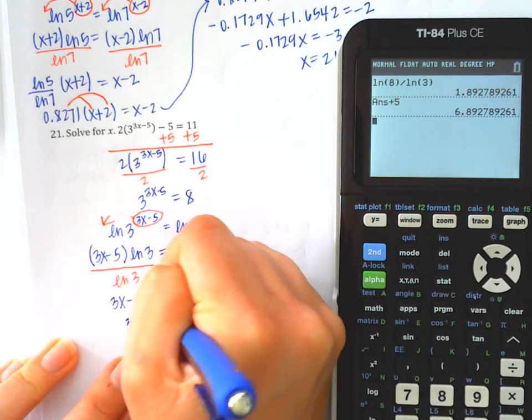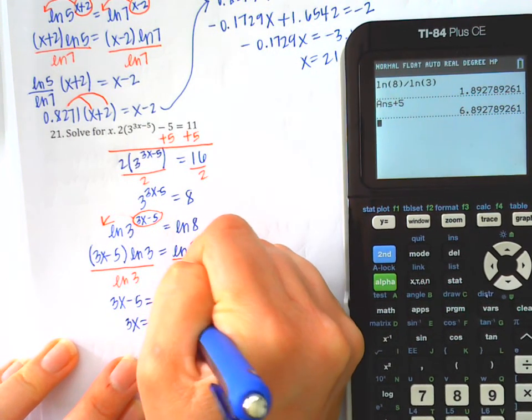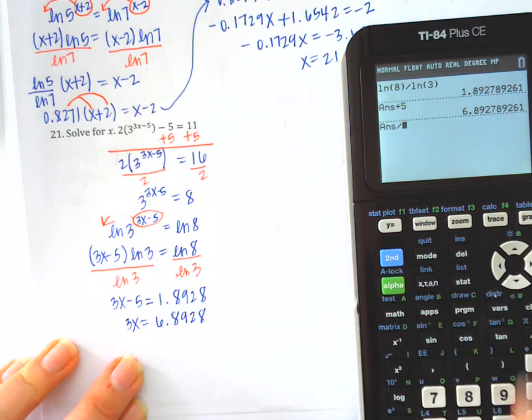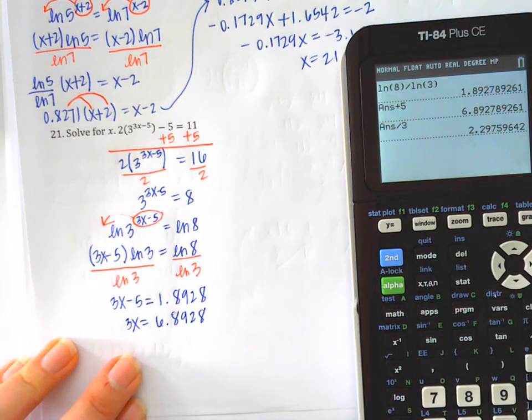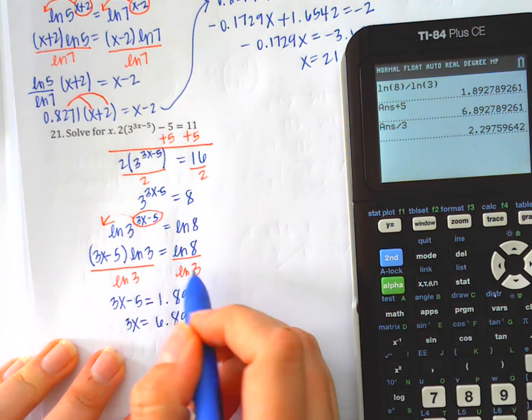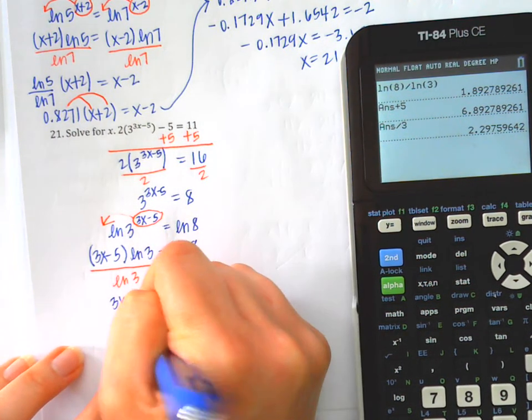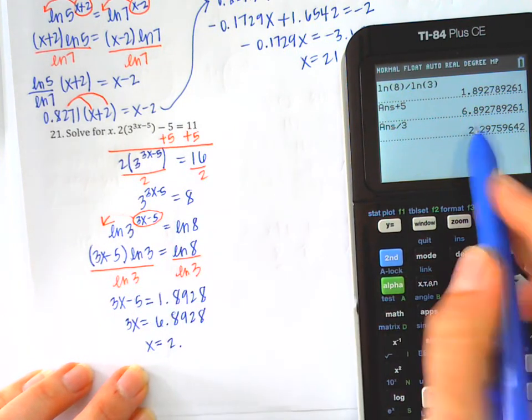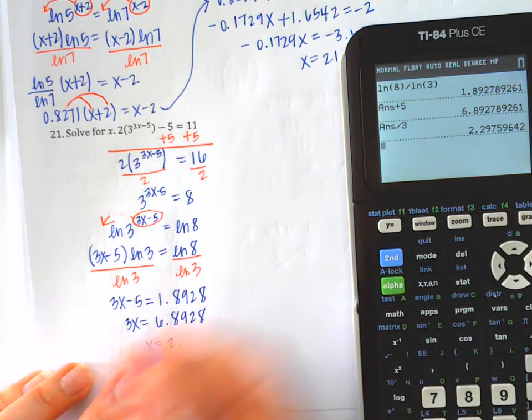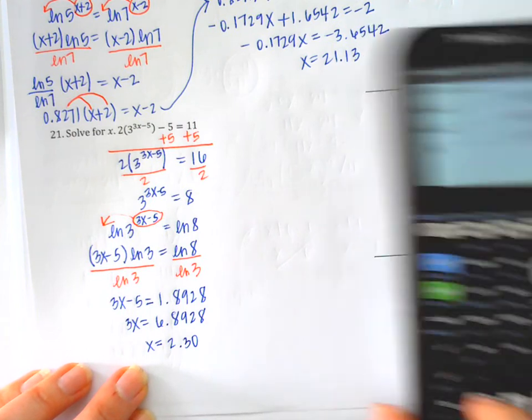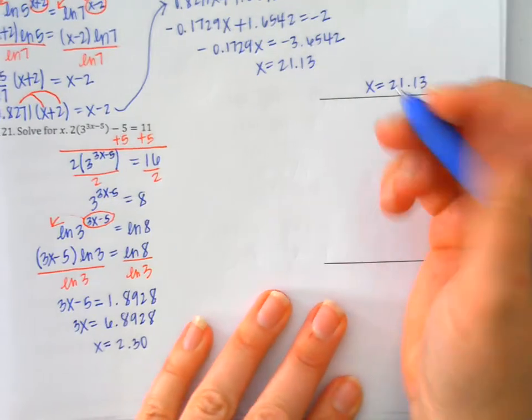So that gets me 6.8928 and then divide by 3. Notice how I kept everything in the calculator so I didn't ever have to round really. That's what helped with dividing both sides by ln of 3. So when I divided both sides by 3, I get 2.297. That 7 rounds the 29 up to a 3. And that's my final answer.